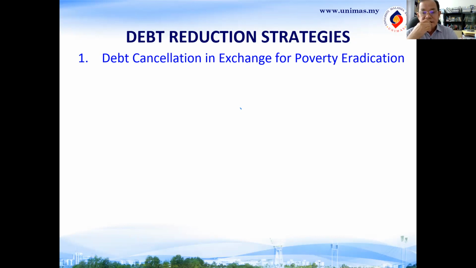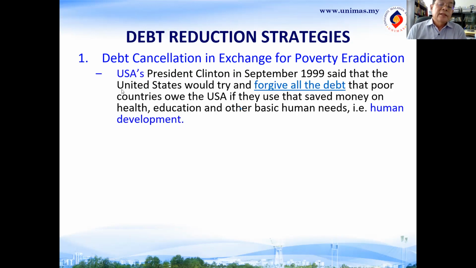The problem with poor countries is that so many still remain poor because the money which could be used to solve the problem of the poor has been used to pay for the debt. So it will never be finished, will never end.